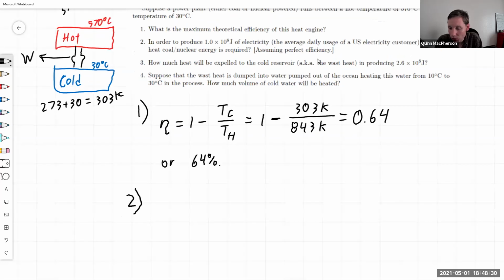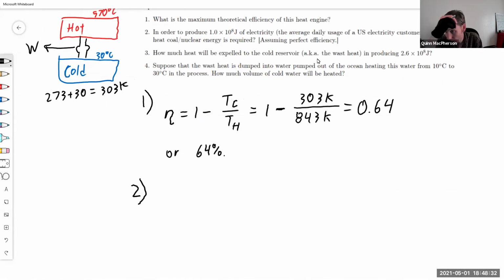Remember that efficiency is defined in this case as the thing we want, that is work out, over the thing we have to put in, Q hot. We want to know Q hot, so Q hot is equal to work over efficiency.